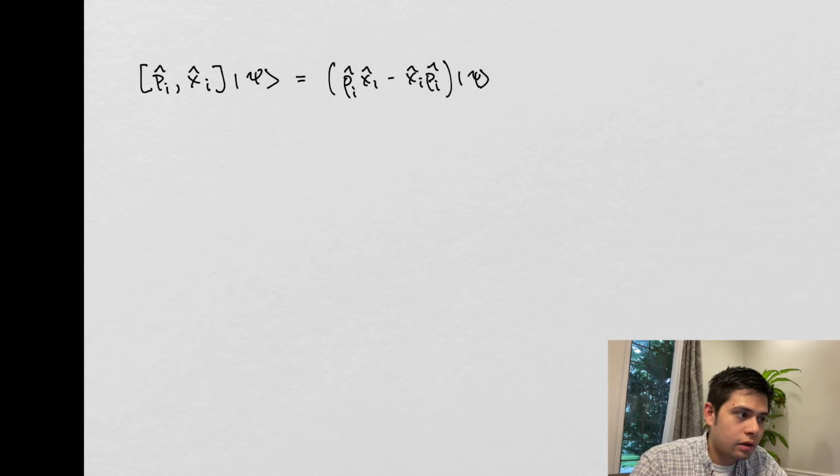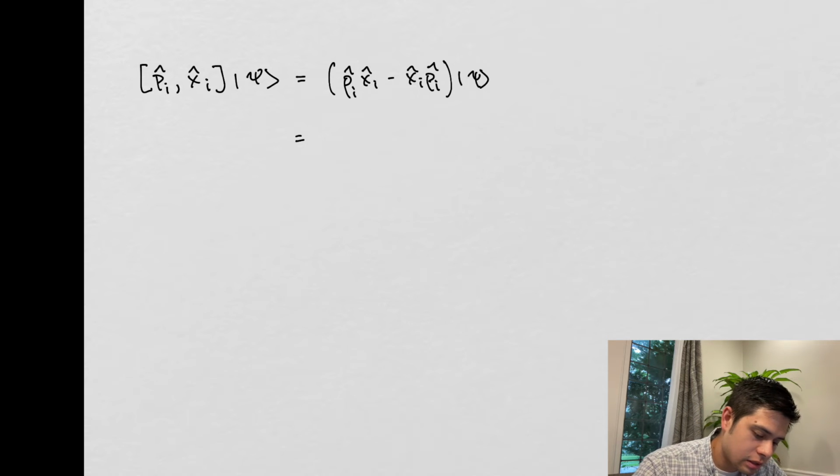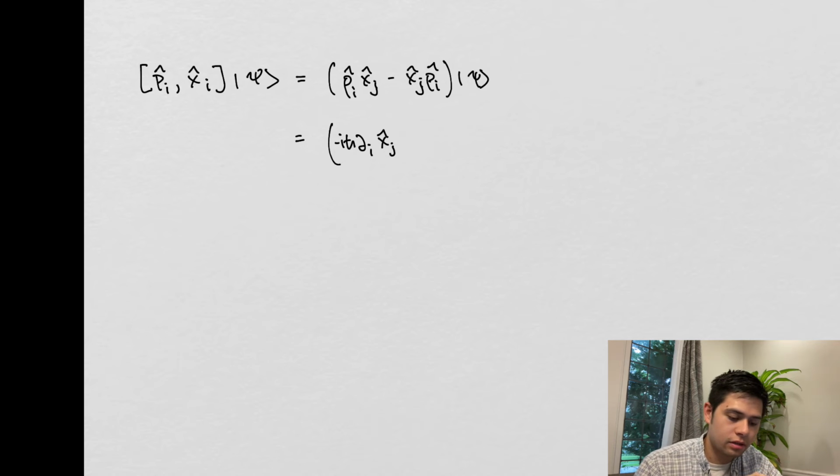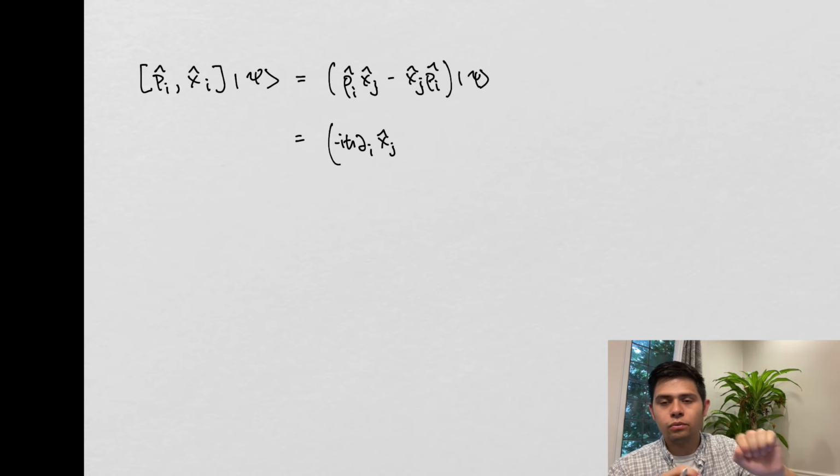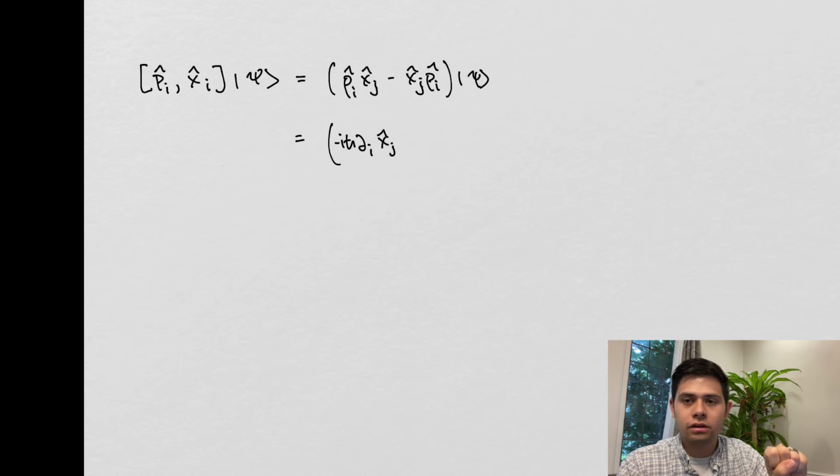What we learn in quantum mechanics is that these correspond to some operators: the momentum operator corresponds to a derivative times x_j. These need to be j's because we're looking at the momentum in one state acting on the position of a different state.